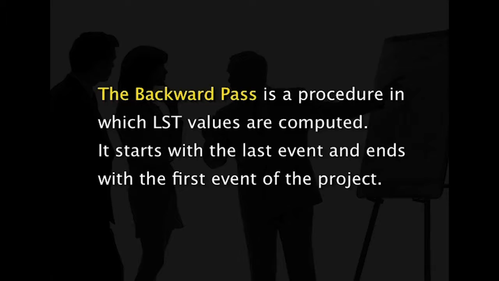The backward pass. The backward pass is a procedure in which LST values are computed. It starts with the last event and ends with the first event of the project.